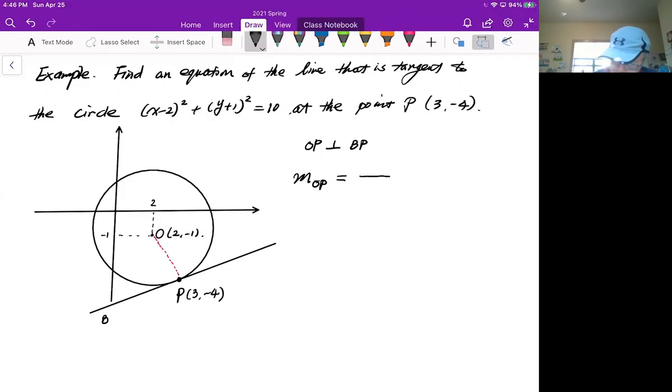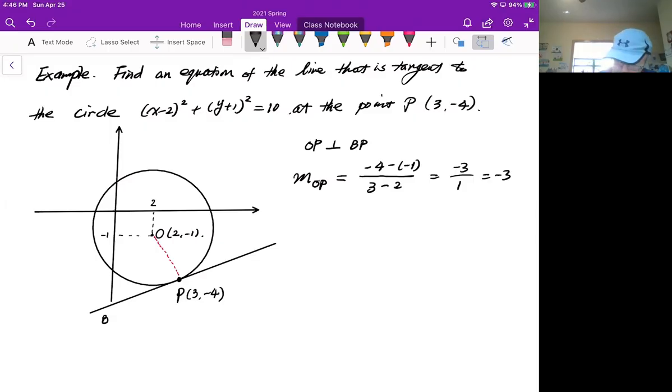So we can get the difference of y: negative 4 minus negative 1, over 3 minus 2. The denominator is 1, the numerator is negative 3, so the slope is negative 3. Everyone understand that? If I can get the slope of OP, then I can get the slope of BP.